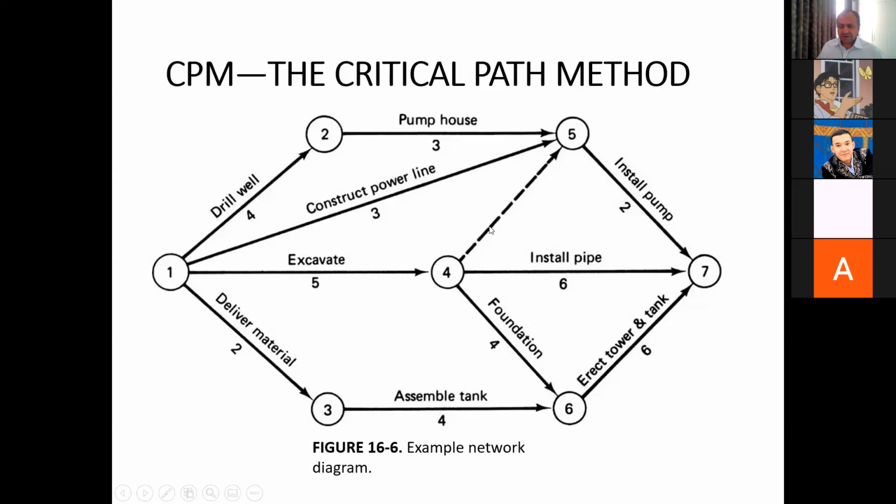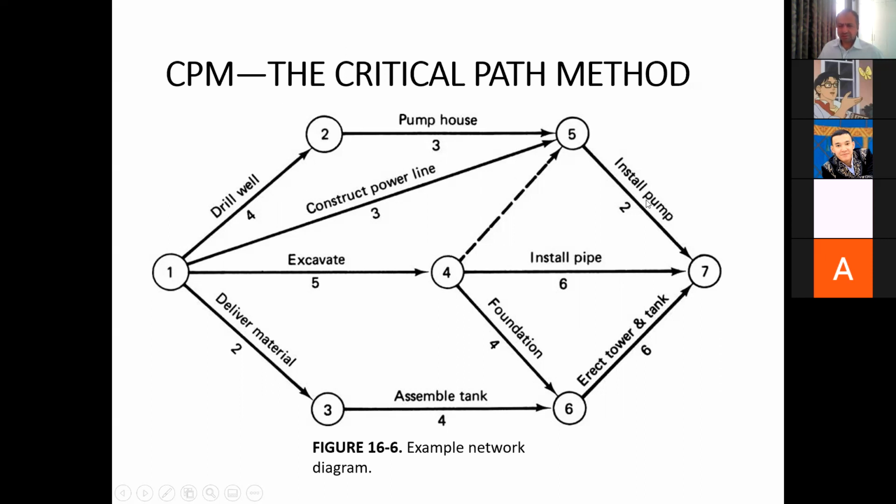This dummy activity is needed because installation of the pump can only start after the pump house is completed. So for this installation of the pump, we don't have to say that it will only start after the drill well. This is understood, okay? Because pump house will only start after the drill well is completed. So for the installation of the pump, we don't need to say that the drill well will be completed.